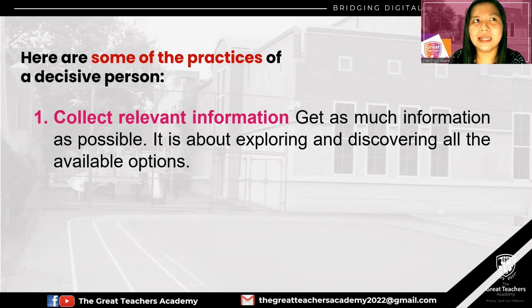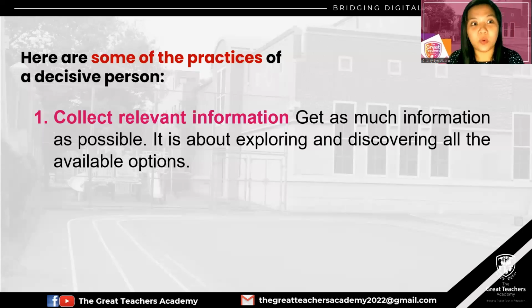Tinitingnan kaagad natin, pinag-iisipan kaagad natin, kahit grade 10 pa lang kayo or grade 9, nasasabi niyo na gusto kong maging teacher. Pero as days go by, nagbabago yung decision natin because of some factors. May mga changes sa environment, or maybe meron kang na-discover na course na mas aligned sa skills mo and malapit din sa gusto mo.